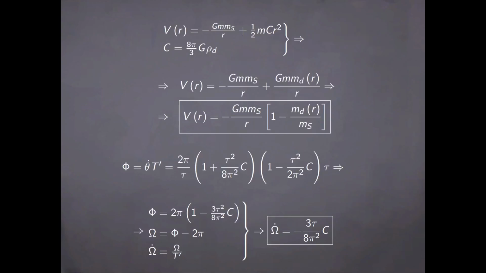Now it turns out that the motion in this perturbed field is given by a precessing ellipse, and to see this we begin by writing the total potential, which is the Kepler term plus the harmonic term.